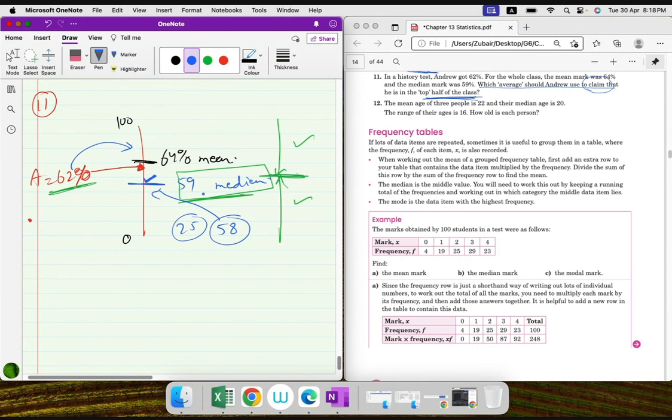So Andrew, if he comes home and tells that the median of class is 59 and I lie in the top half, he would be correct. If he comes home and tells that the average of class is 64, anyone would say you are a below average student. Okay, now I understand. Which average will he claim? He will claim median.